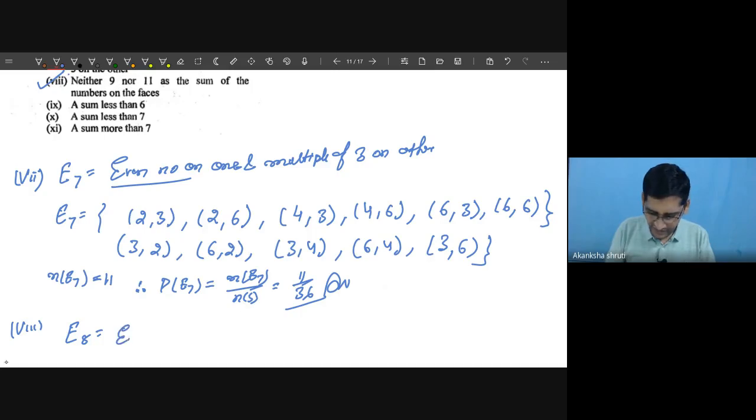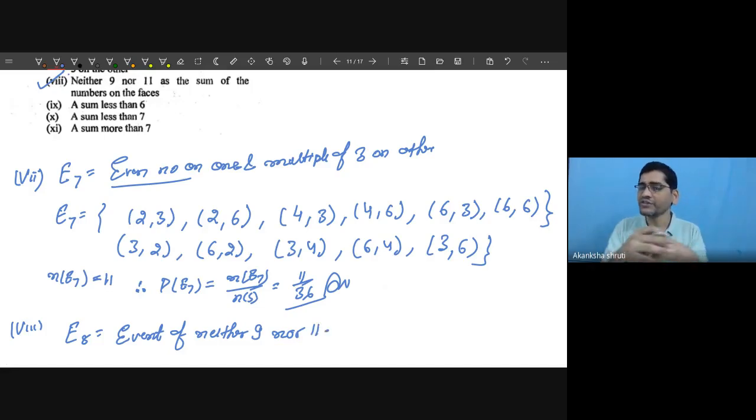Student, the event of neither 9 nor 11. How can this be calculated? We can calculate it by the direct method or by the indirect method.